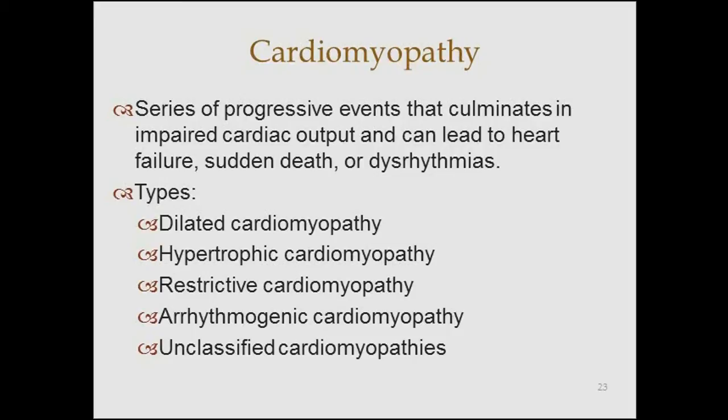The hypertrophic type means that the walls of that chamber have become thickened, and it's from overuse. Okay? The dilated type can happen as a result of pregnancy. It can also happen as the result of viral infection.